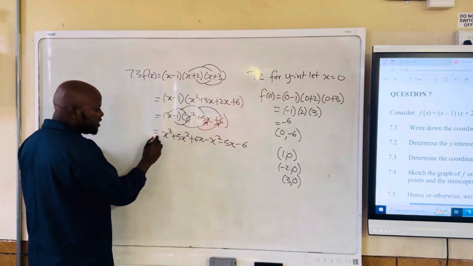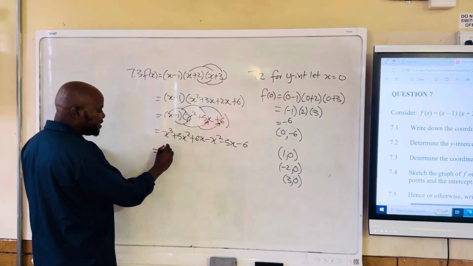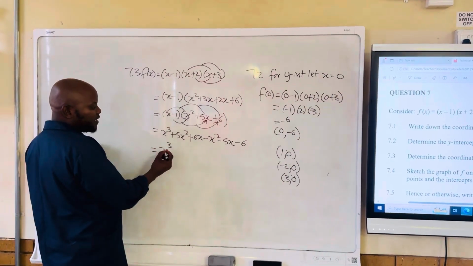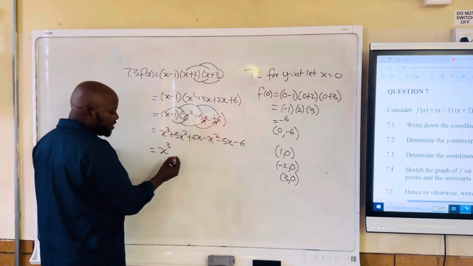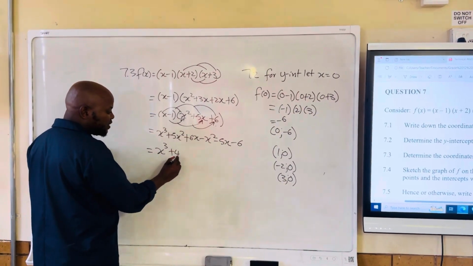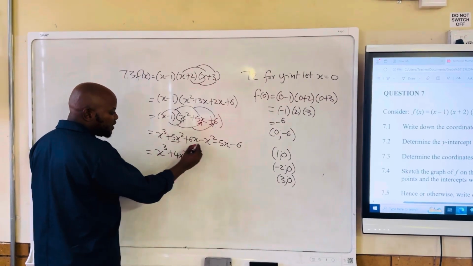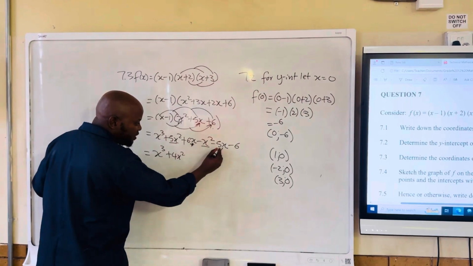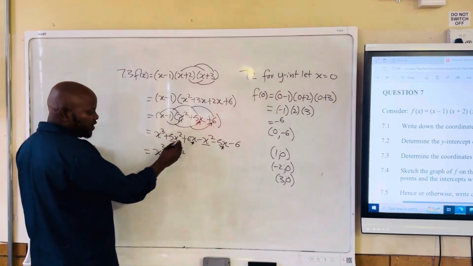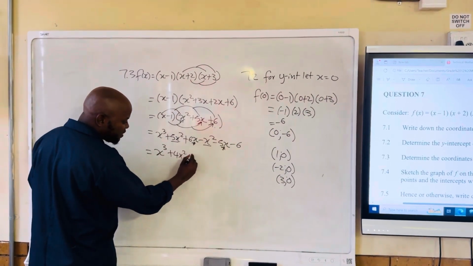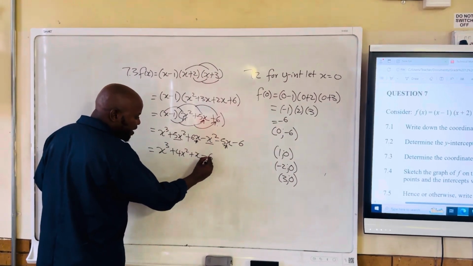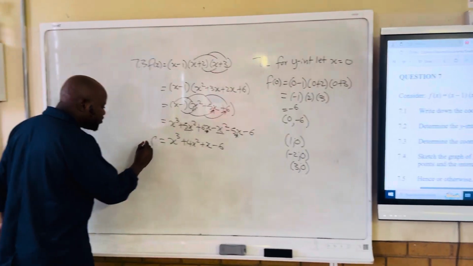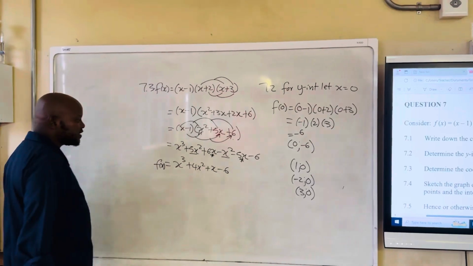This one doesn't have a like term, so we keep it as it is, x cubed. Then what are we going to have? This one and this one are like terms, so we have plus 4x squared. Then this one and this one are like terms, and 6 minus that will be plus x minus 6. This will be our f of x now.